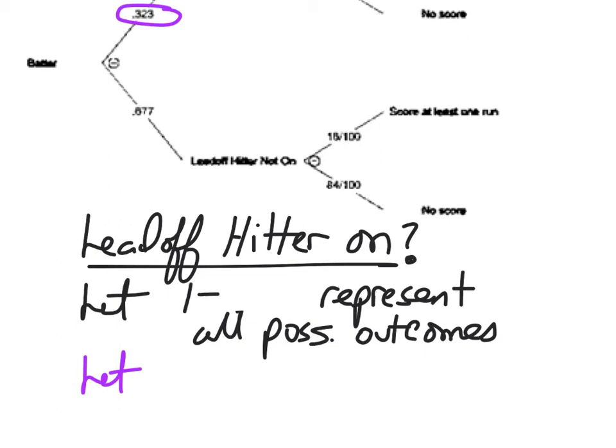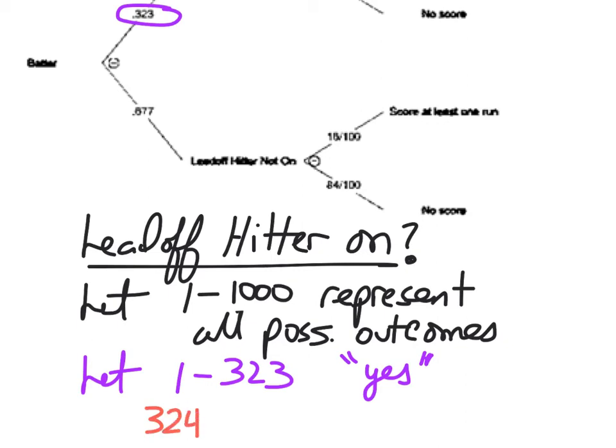It'll be a little cleaner, I think, in this one case. So 1 to 323, because that's 323 values, would be the leadoff hitter getting on. Since the question here is leadoff hitter on, I would say this is our yeses. And so 324 going out to 1,000 would be the case of no.